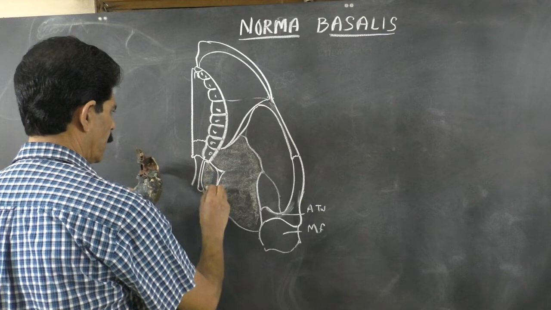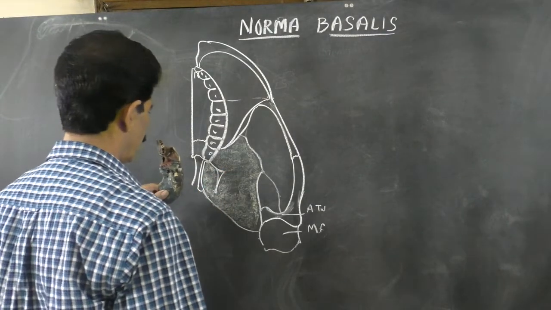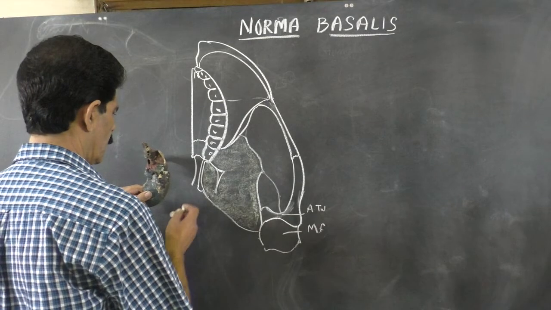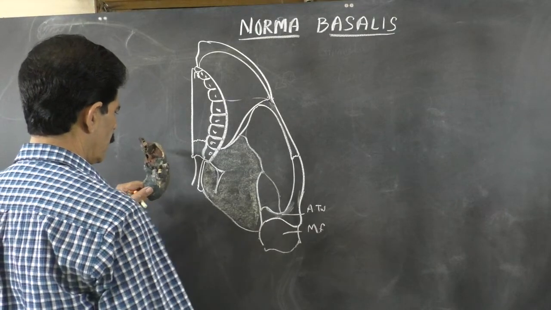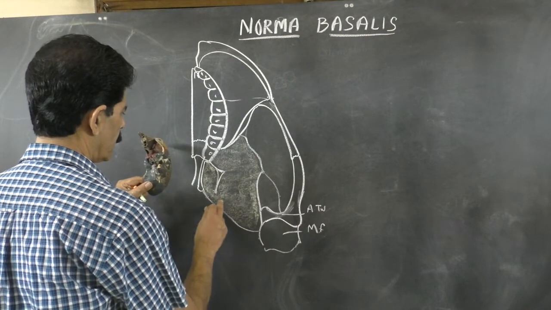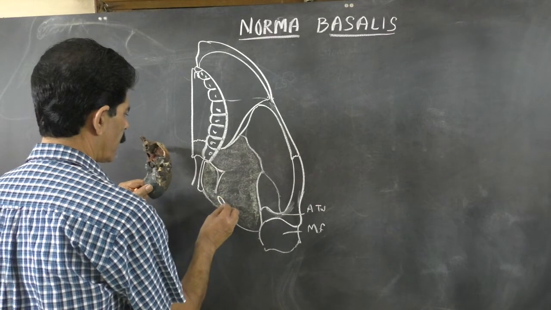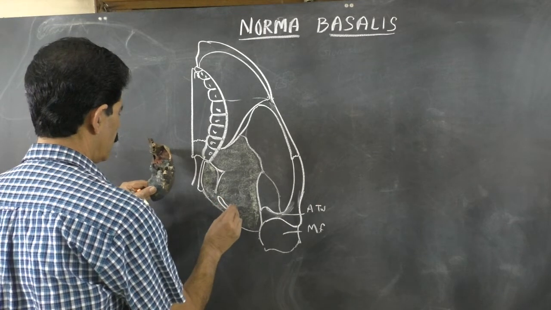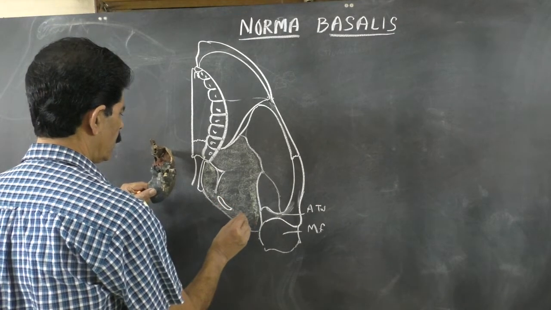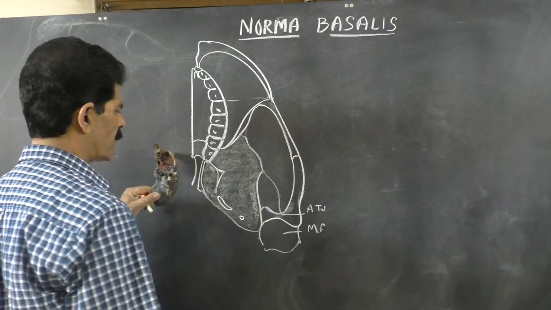And the medial and lateral pterygoid plates are also part of the sphenoid bone. In this area, just posterior and lateral to the lateral pterygoid plate lies the oval foramen, that is the foramen ovale, and posterolateral to it there is a small foramen, that is the foramen spinosum.